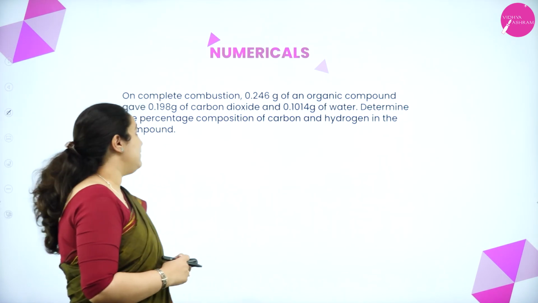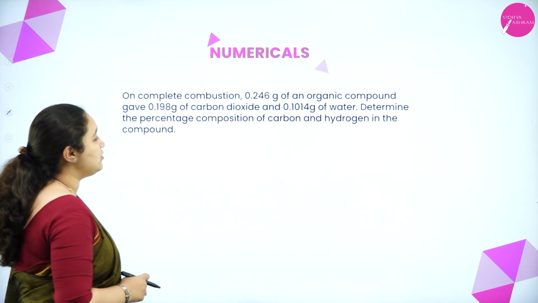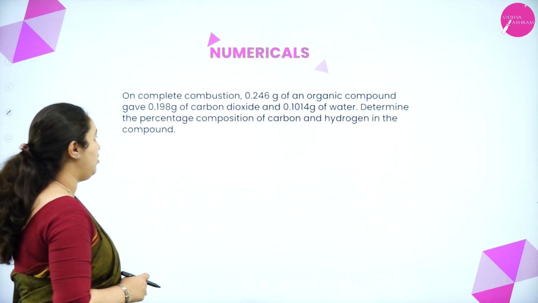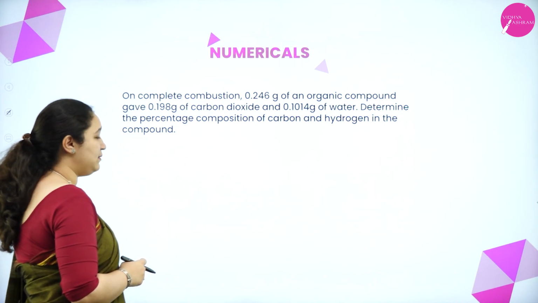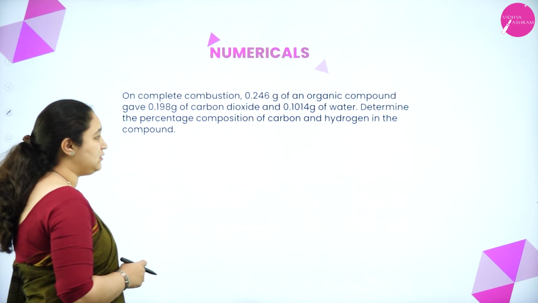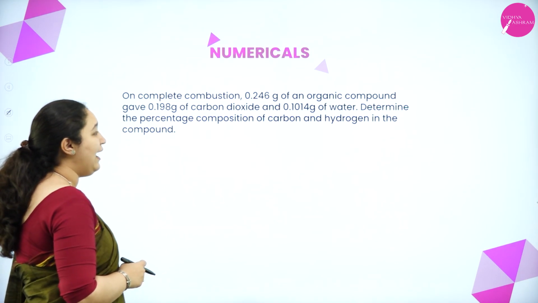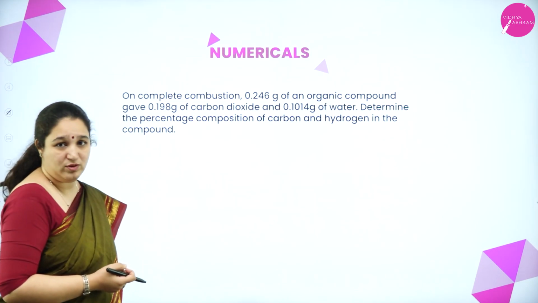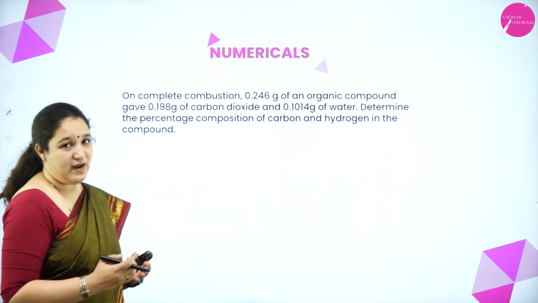On complete combustion, 0.246 grams of an organic compound gave 0.198 grams of carbon dioxide and 0.1014 grams of water. Determine the percentage composition of carbon and hydrogen in the compound. Here you have to find the percentage of carbon and percentage of hydrogen.